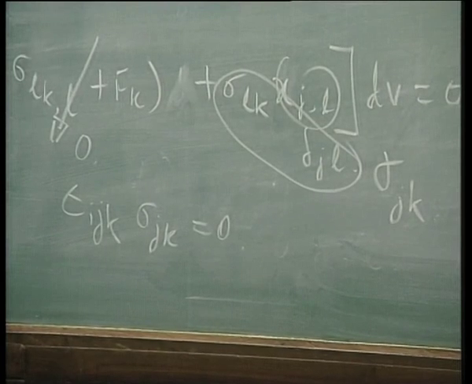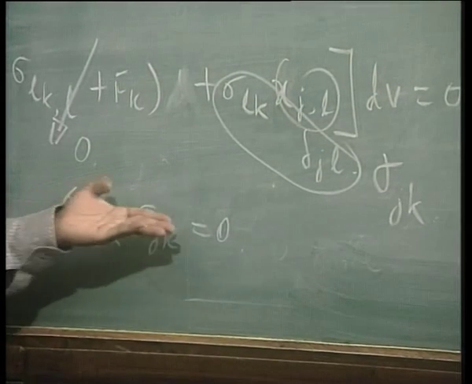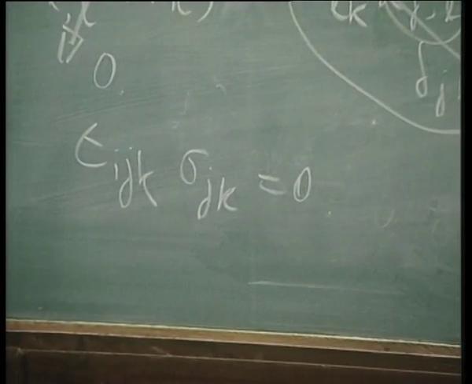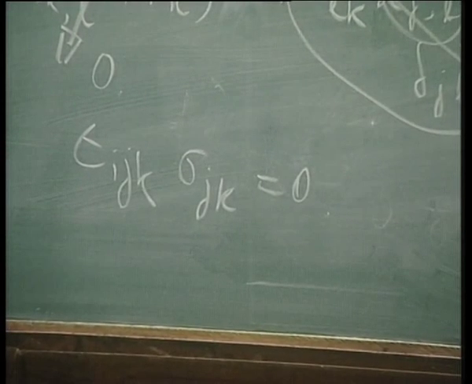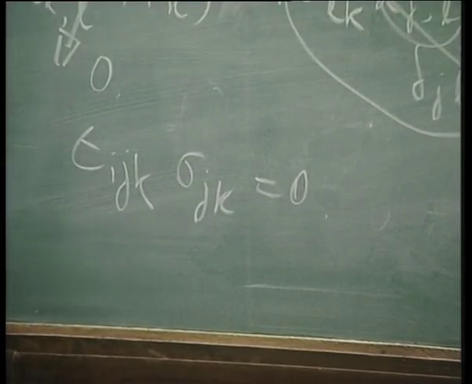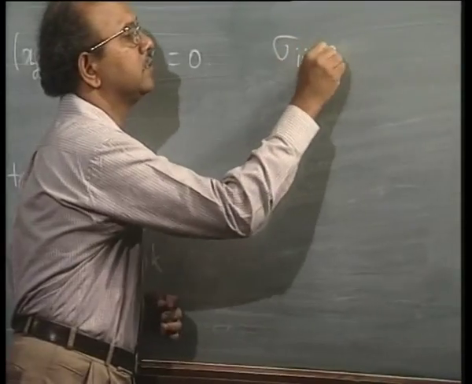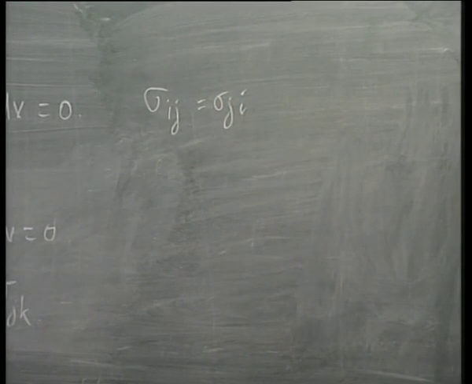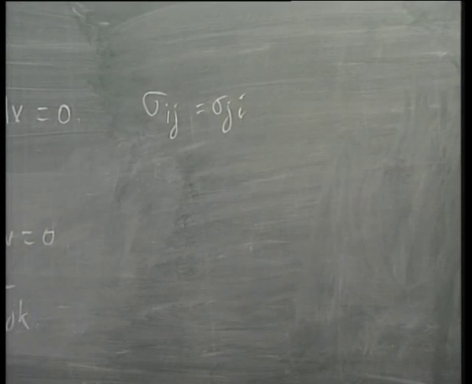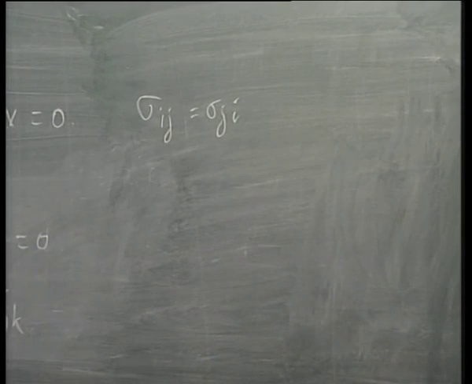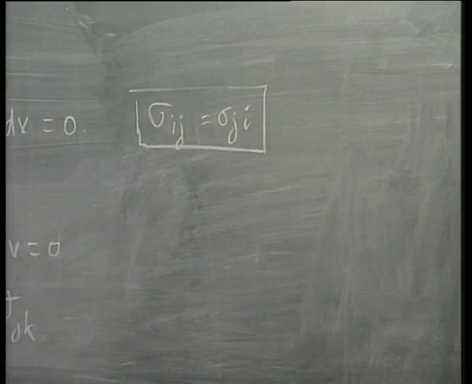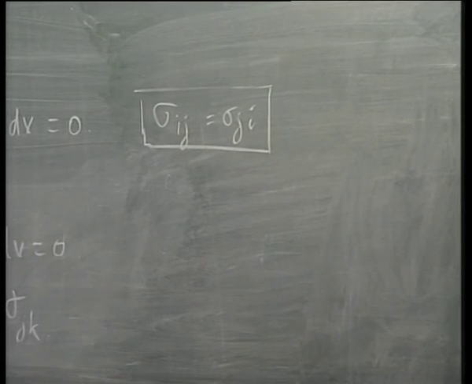When I expand it, which I am not going to do now since I think it's quite simple for you, I get to the fact that sigma is a symmetric tensor, or sigma ij is equal to sigma ji. Is it clear? So sigma ij is equal to sigma ji. Okay. So what does it mean?